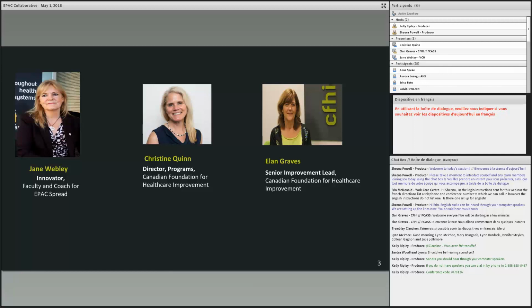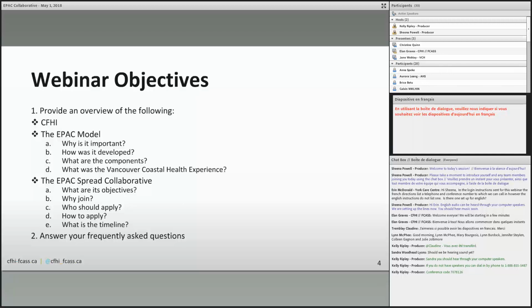Elaine Graves is the Senior Improvement Lead at CFHI and is responsible for leading the development and implementation of this collaborative. Participating teams will get to know her quite well over the course of the collaborative. And helping us in studio today, we have Lauren Harmonlaw. Elaine will be your primary point of contact if you need support over the course of the collaborative. On behalf of all the presenters, welcome.